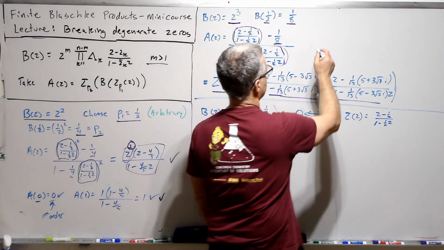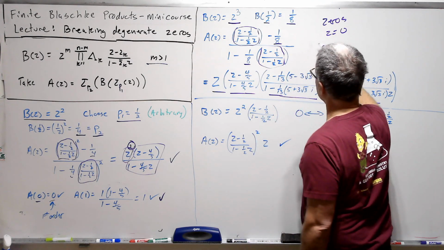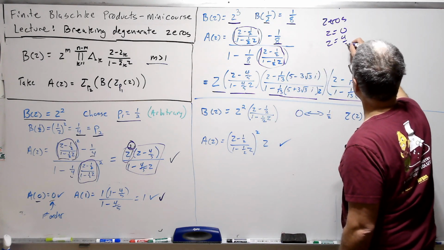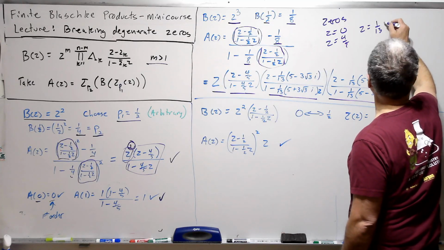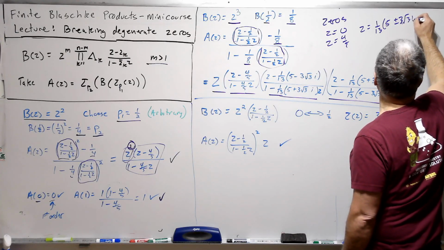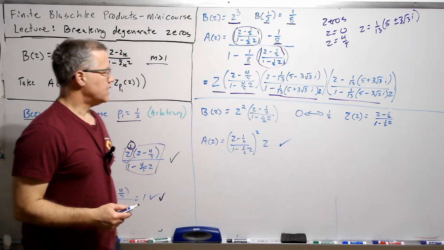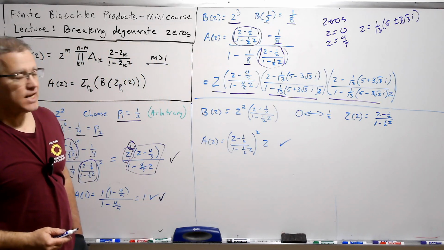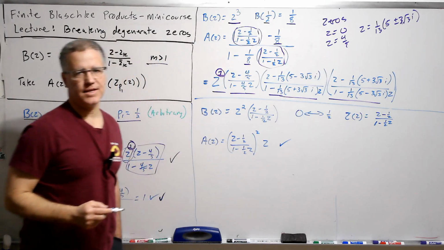So there's zeros at z equals 0, z equals 4/5, and then z equals 1/13 times 5 plus or minus 3 root 3i. And that's just what it turns out to be. And there's our new Blaschke product that indeed has that.